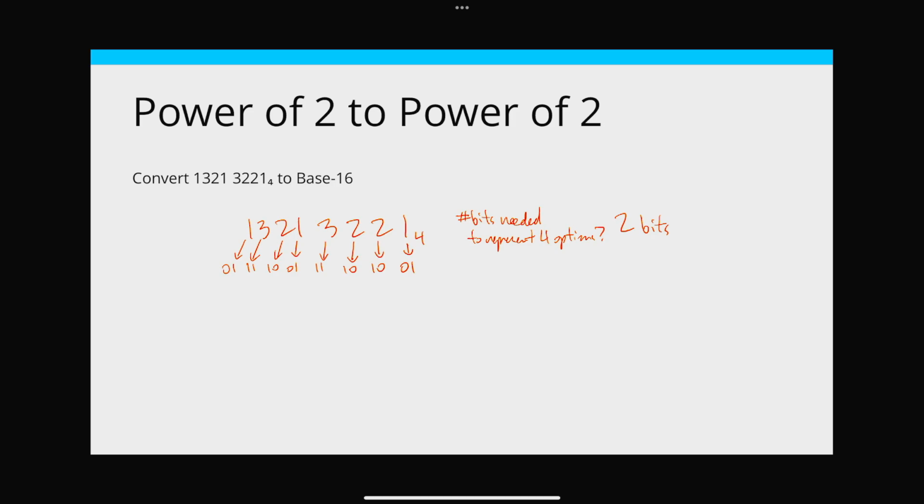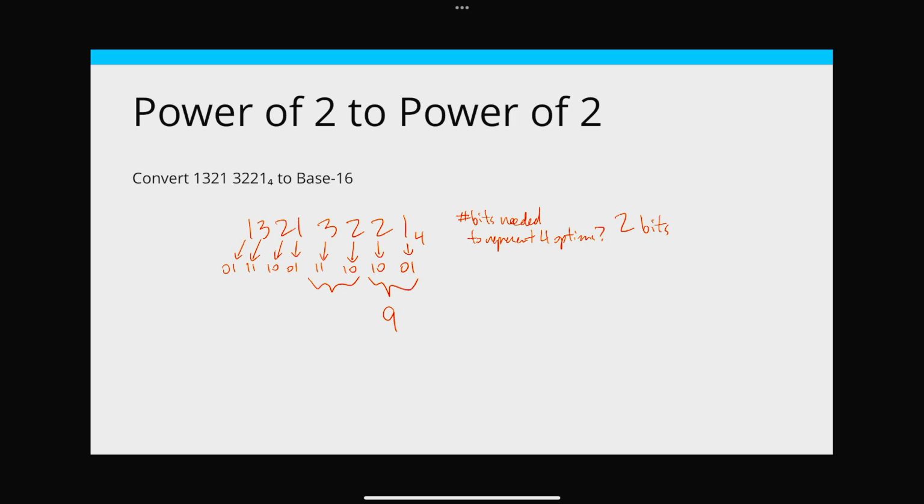Let's go ahead and convert that to base 16. I need 4 bits to represent a base 16 number. So here we go. So that is 8 plus 1, that is 9. This is 8 plus 4 plus 2, that's 14.